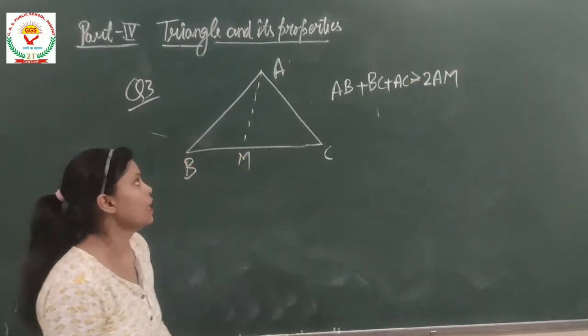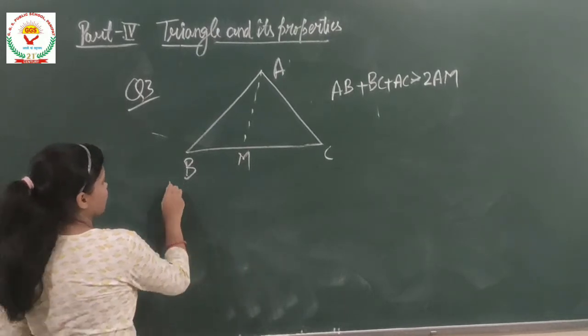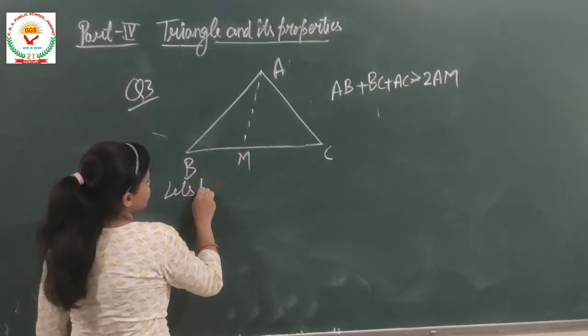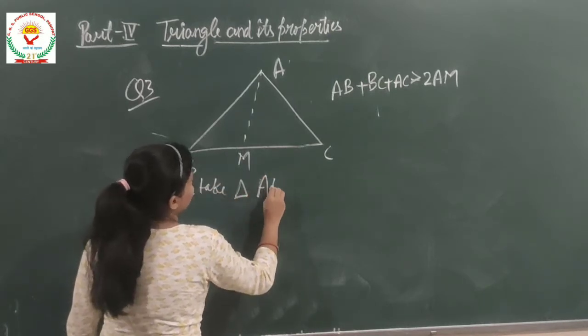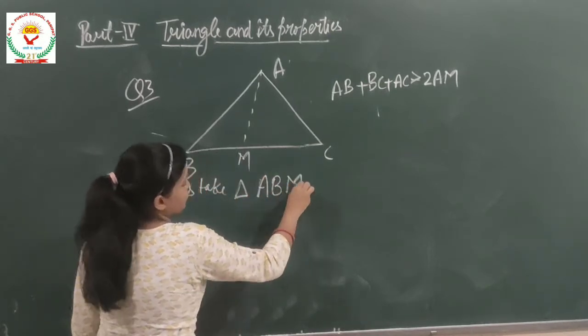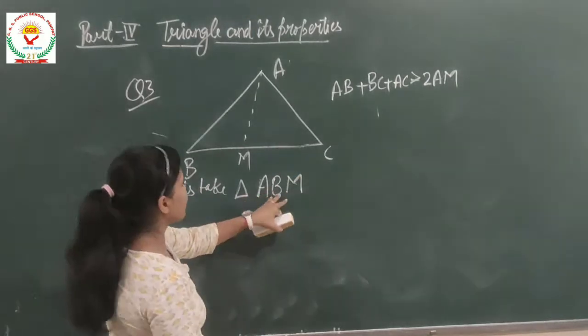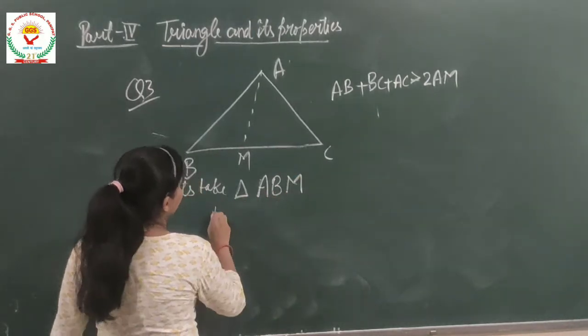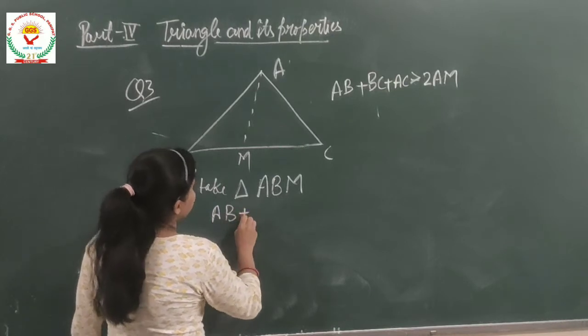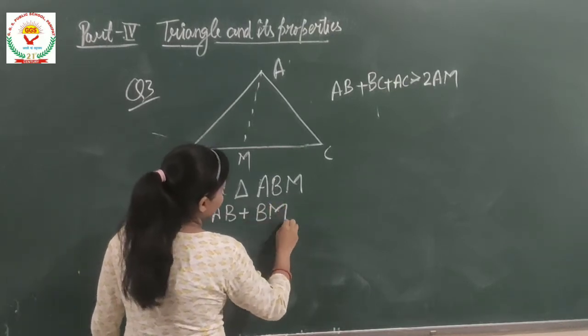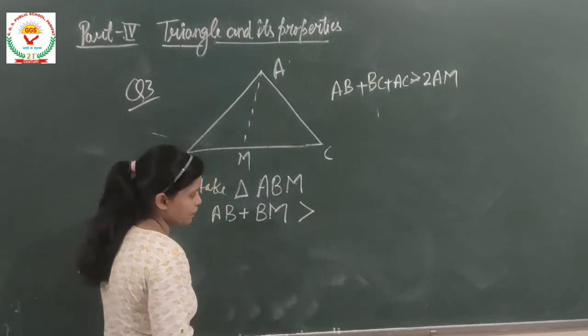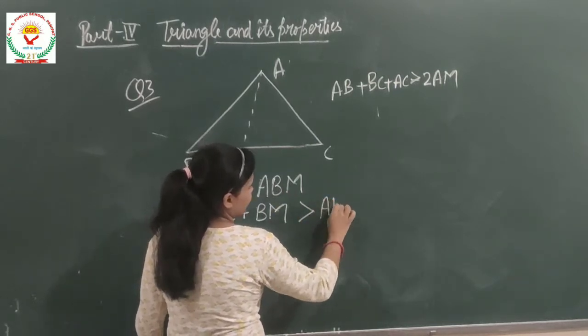Okay, fine. Let's take triangle ABM. In triangle ABM we have AB plus BM is greater than AM.